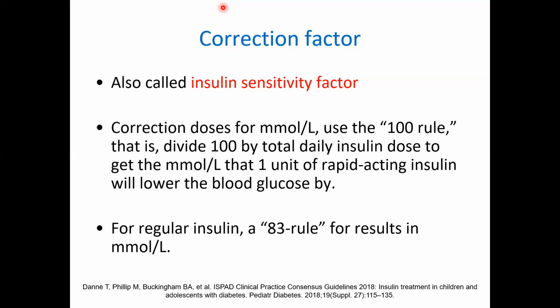So this assumes that the sugar is going to be within the target range of 4 to 10. However, if their sugar before lunch is 15, then that 5 units is not going to be adequate. So you need to give extra insulin to bring that sugar down to the recommended target level. And that is where the correction factor comes in. It tells you how much extra insulin you need to give these patients so that their sugars will be within target after the meal.